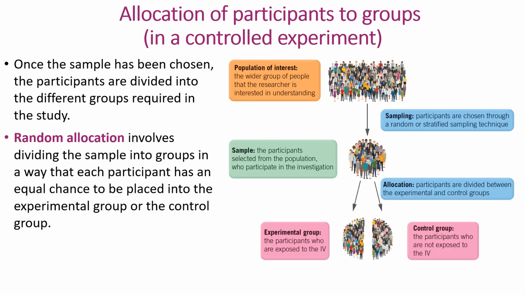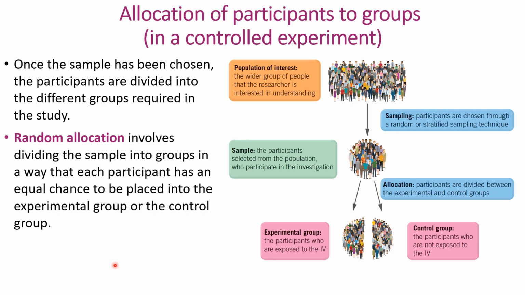Now, be careful when you're asked about the allocation of participants. That's not the same as sampling. Sampling is where we basically recruit participants from our population of interest. Allocation is the next step. If we're not doing a within subjects design, if we're doing between, then we allocate our participants to a control condition and an experimental condition.